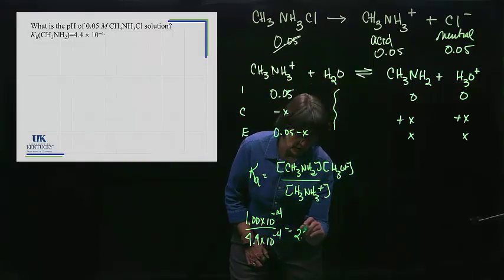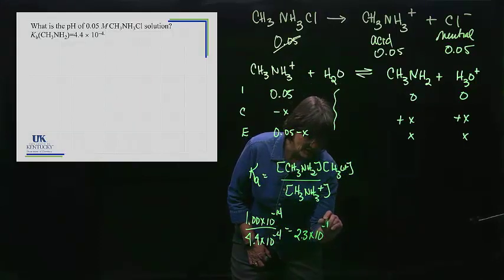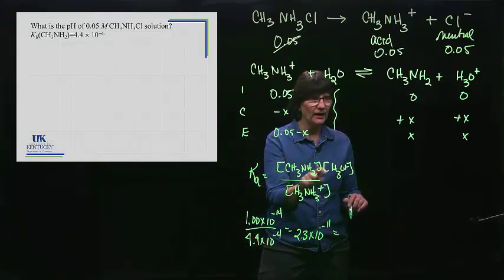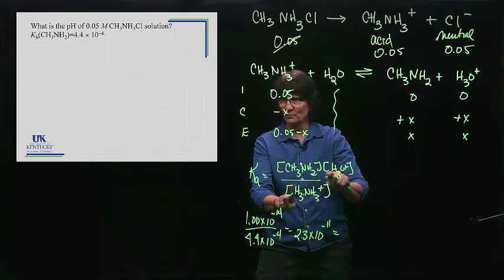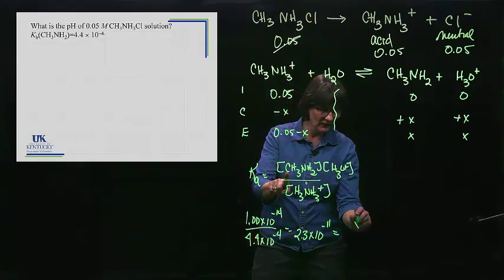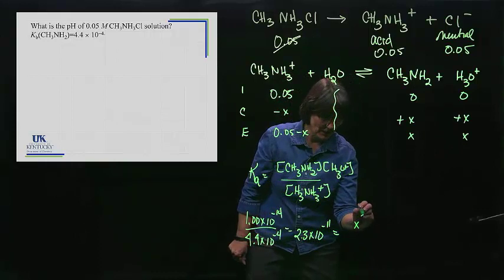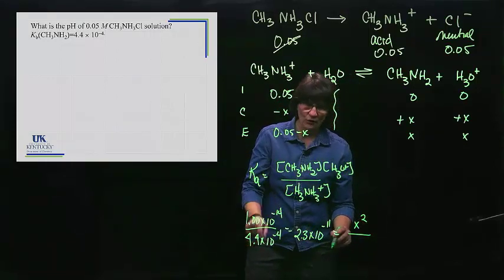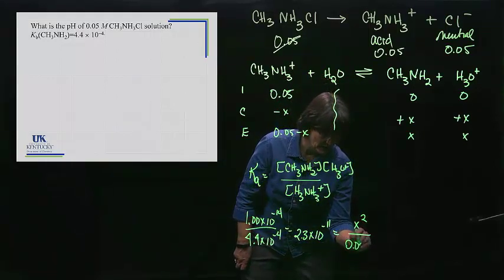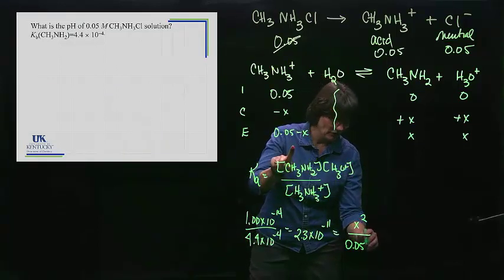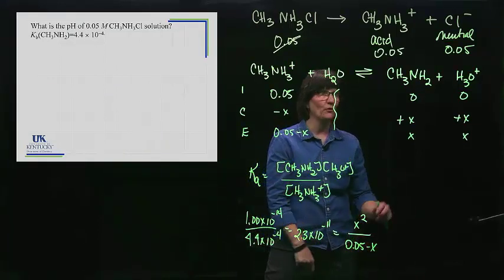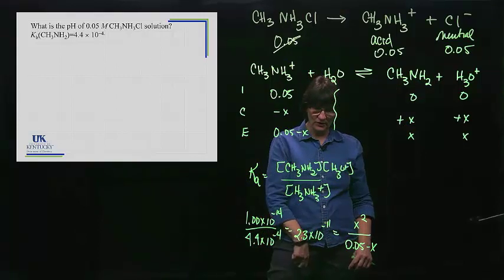Yep, 2.3 times 10 to the minus 11. And now I'm ready to plug in my E line into this expression. x times x. You see a pattern happening here? It happens over and over again. But when you go back and start doing some from the previous chapter, remember there's coefficients other than 1. It doesn't always look like this.